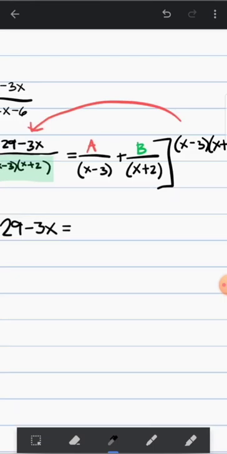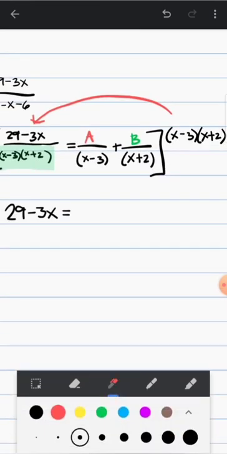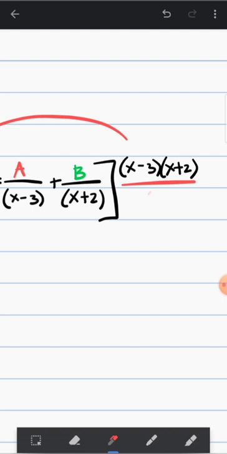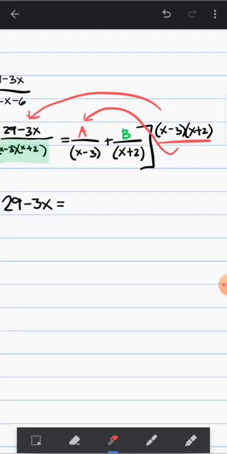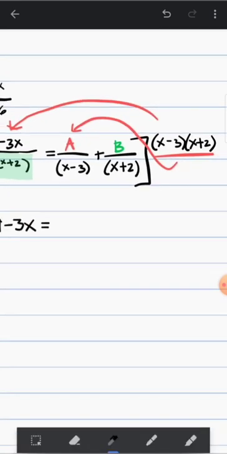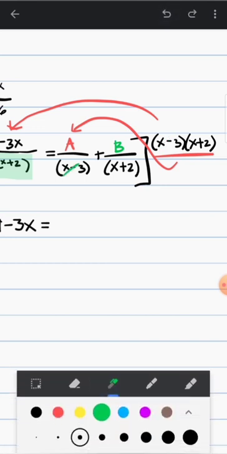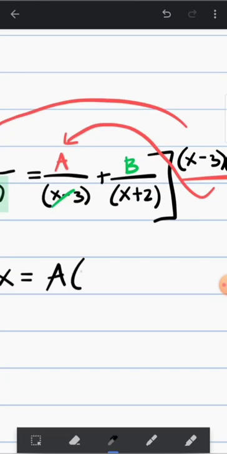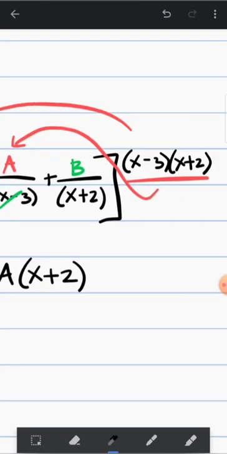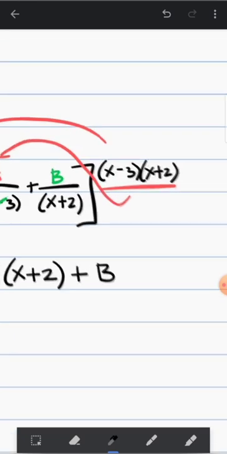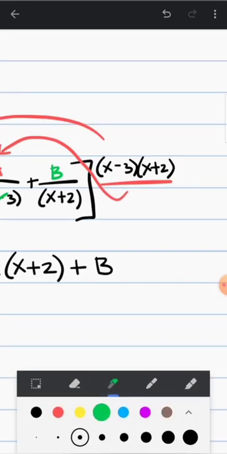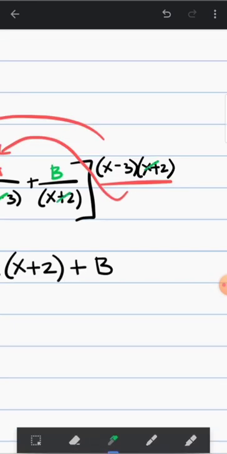And that's equal to, again, multiplying this all in here, this term will get cancelled out, so that's x plus 2 times a, so a times x plus 2. And then plus b times, this term will get cancelled out, times x minus 3.